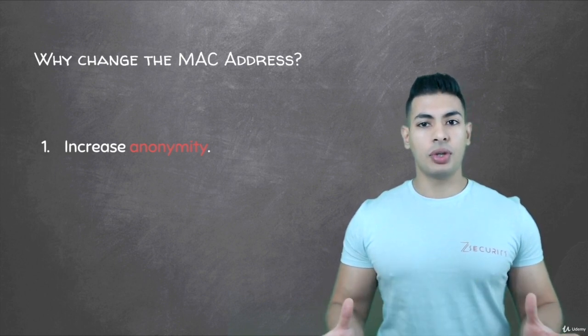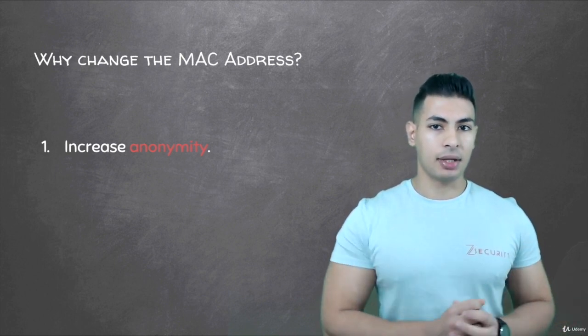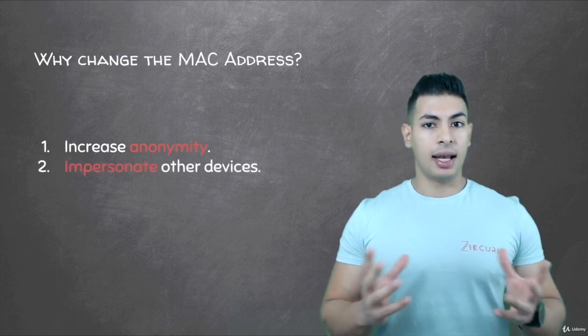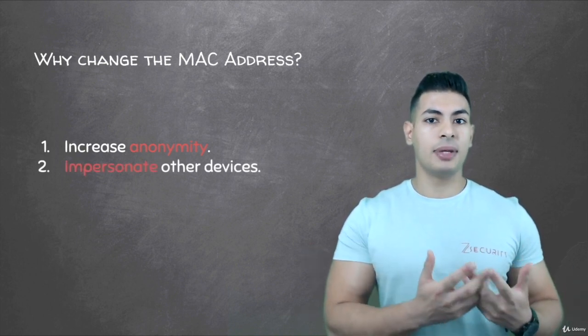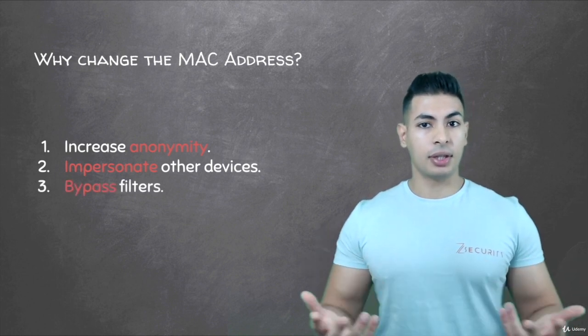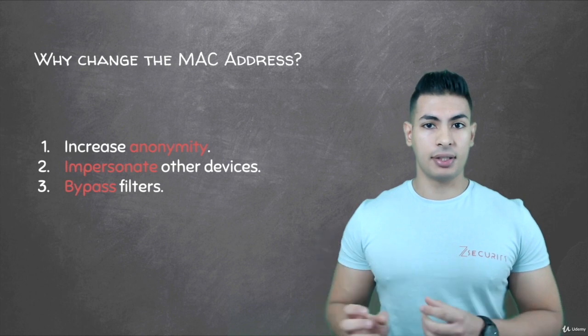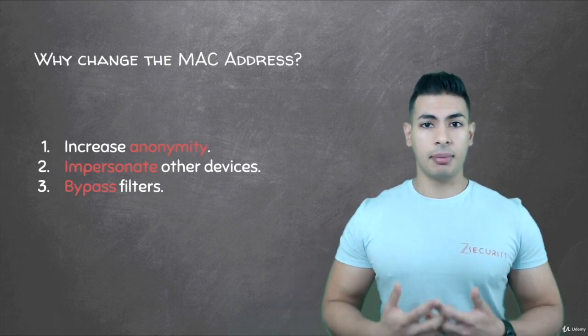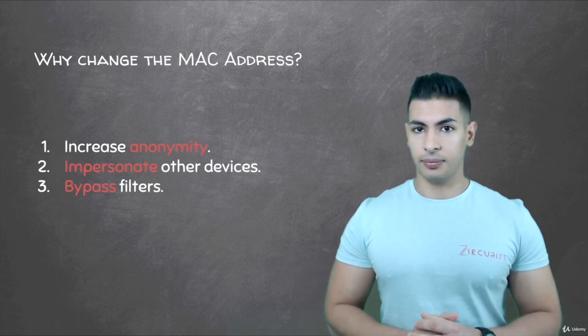So being able to change your MAC address to another device's MAC address will allow you to impersonate this device and allow you to do things that you might not be able to do. So you'd be able to bypass filters or connect to networks that only specific devices with specific MAC addresses can connect to, and you will also be able to hide your identity.